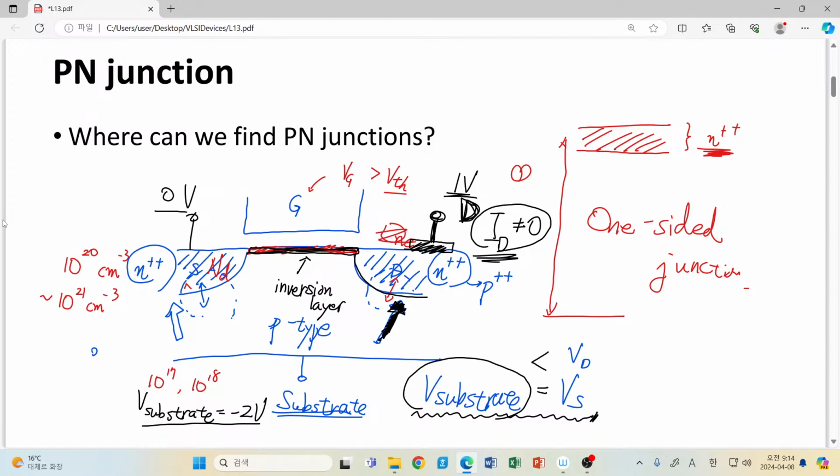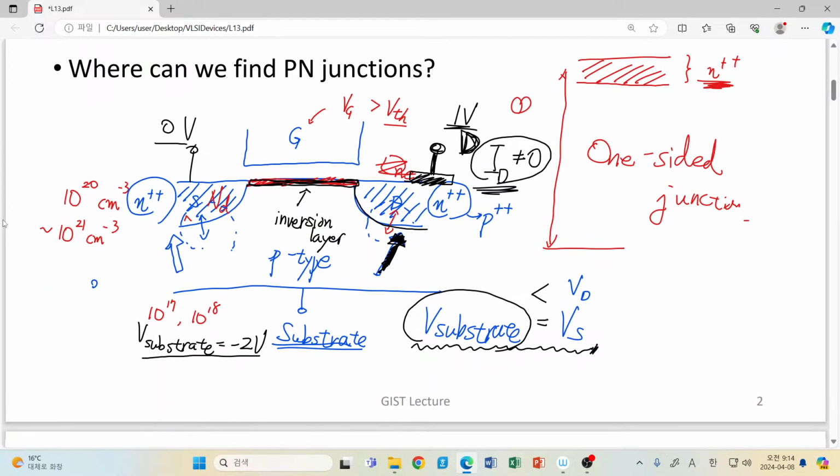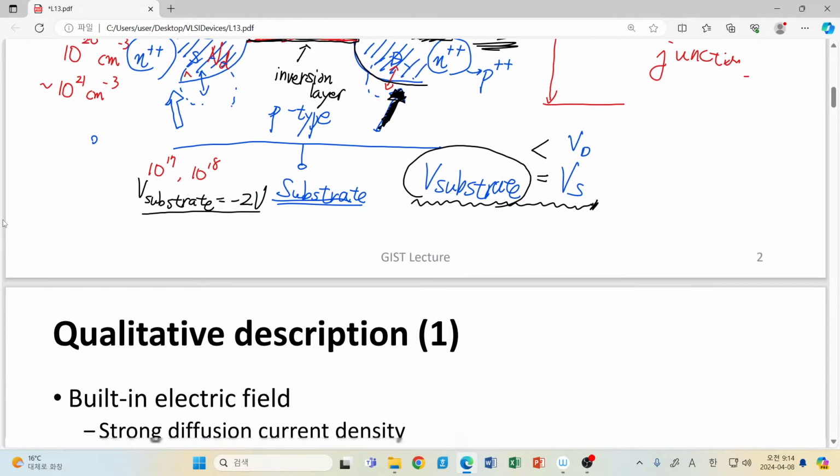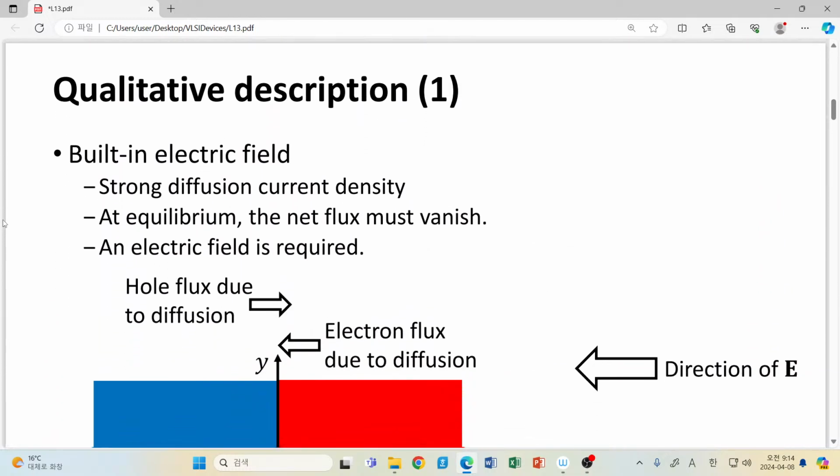Okay, so now let's go to the p-n junction. A basic course always tries to give you some feeling about how we can have a built-in potential or built-in electric field inside this p-n junction.